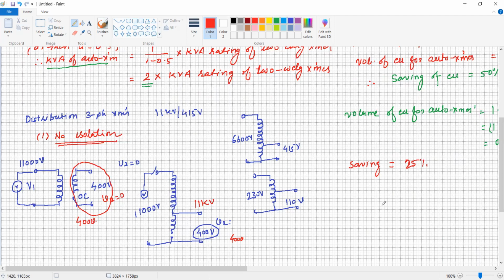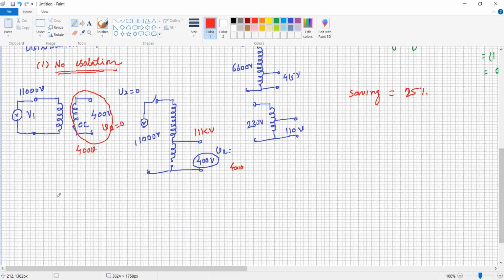The second disadvantage of the auto transformer is that it has low percentage impedance.